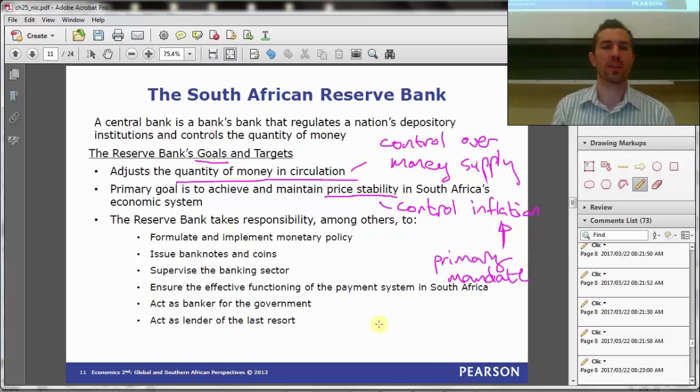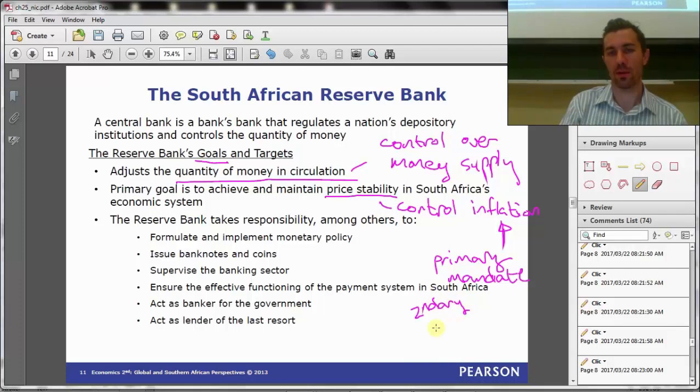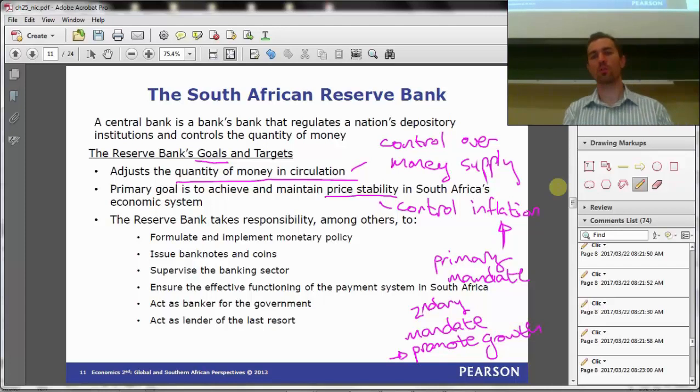It also does a bunch of other things. Its secondary mandate, so let's write here, secondary mandate is to try and promote economic growth. So first of all, it wants to control inflation.